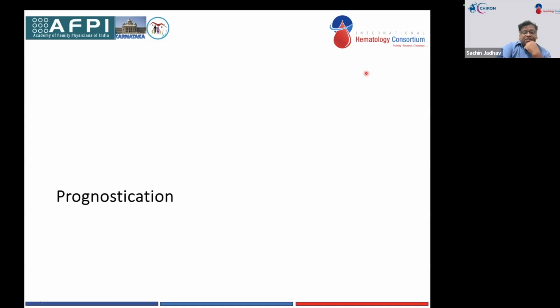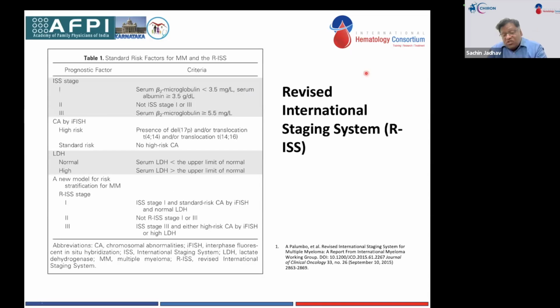Then the patient will ask me, doctor, how bad is it? Okay, I have myeloma. How bad is it? And then we come to prognostication. So for prognostication of myeloma, we use a system called the RISS, the Revised International Staging System. And this is actually very simple. There is RISS stage 1, 2, 3.